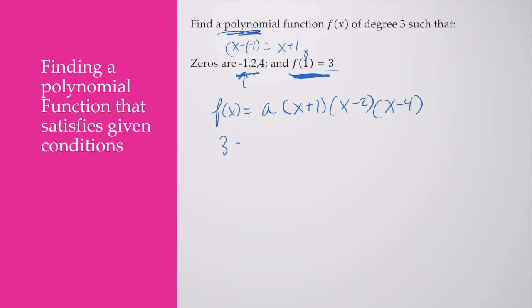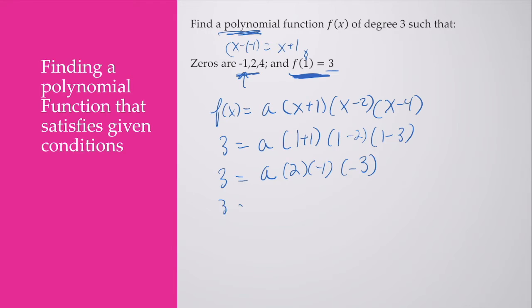So I have 3 is a times 1 plus 1, 1 minus 2, and 1 minus 4. So 3 is a times 2 times negative 1 times negative 3. So 3 is 6a, so 1/2 is a.